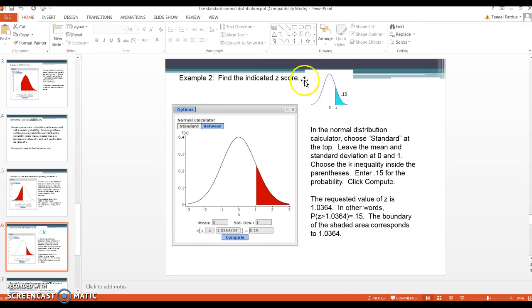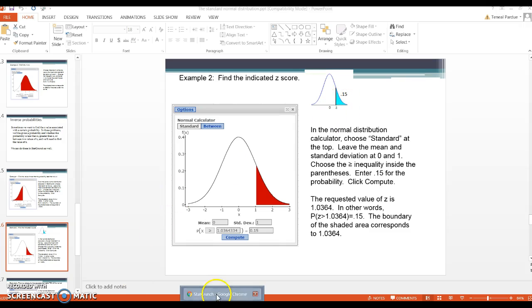So on the second example, if we're looking for the area where 15% is to the right of Z. We don't know what Z is, that's what we're looking for, but we know that the area above it is 0.15.